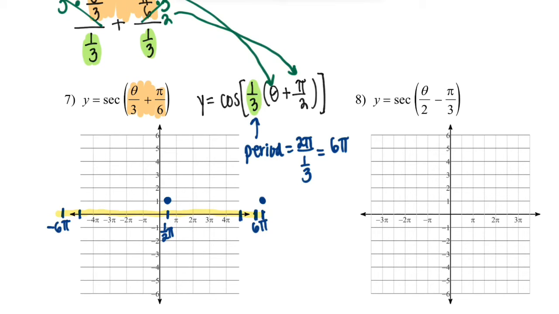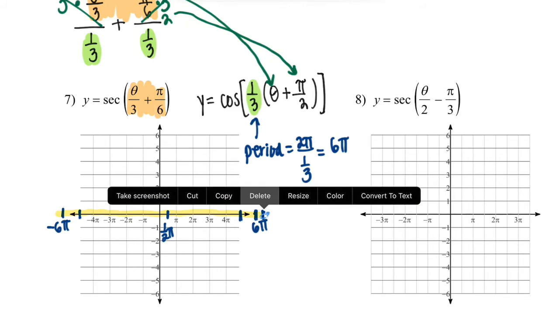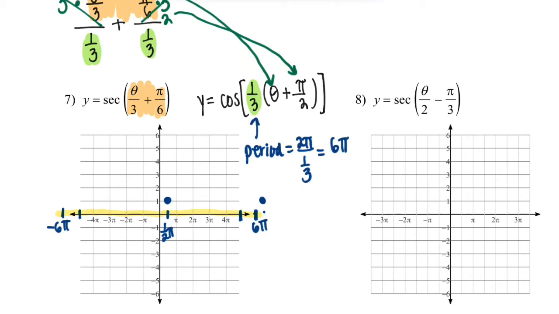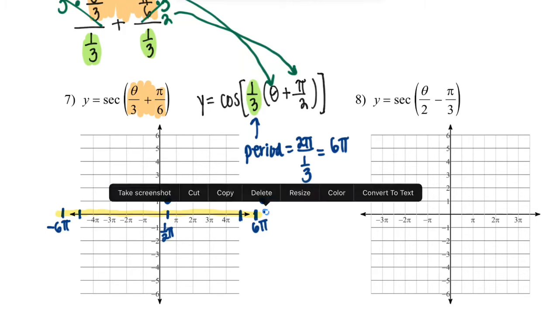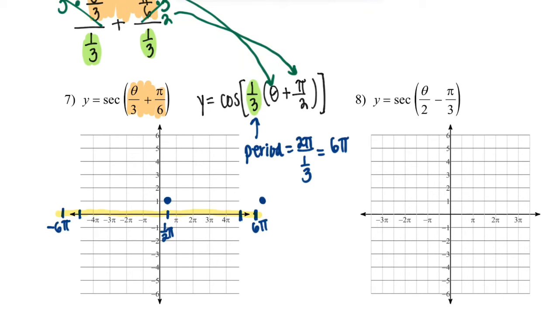So I'm just going to go a little bit past 6 pi. And then halfway between that, pi over 2 and 6.5 pi, it's a little bit past 3 pi.